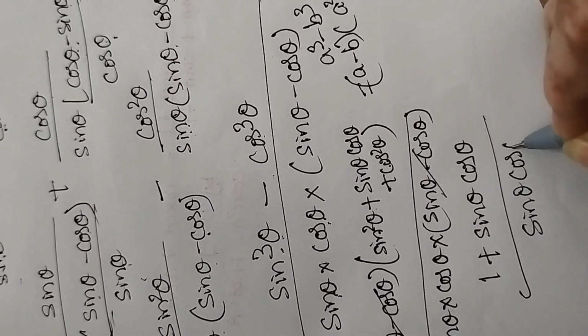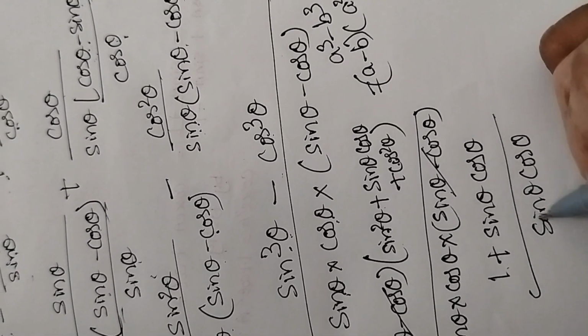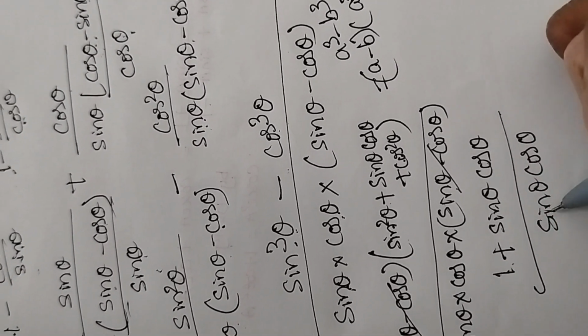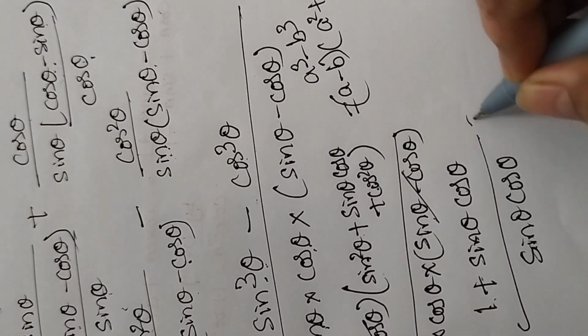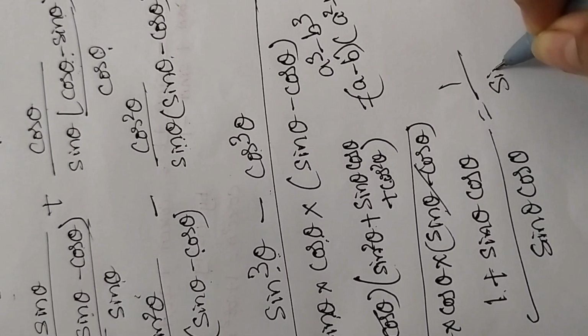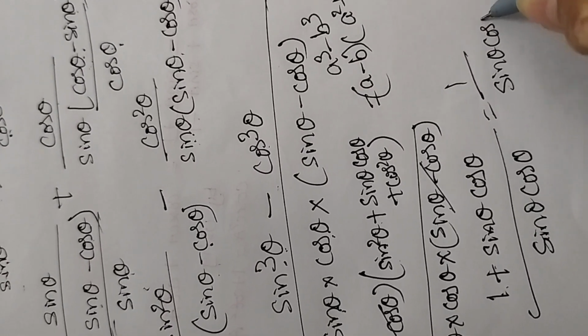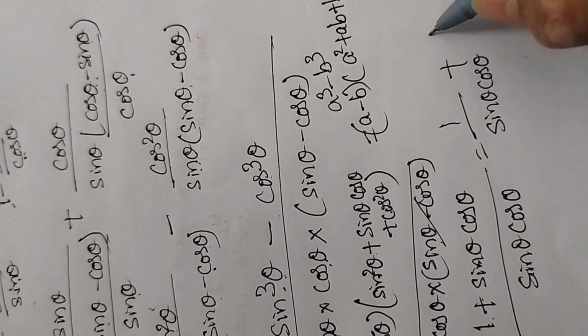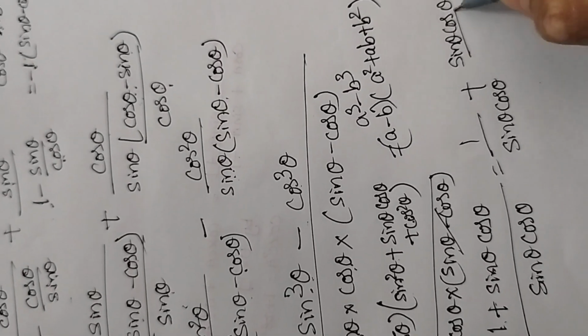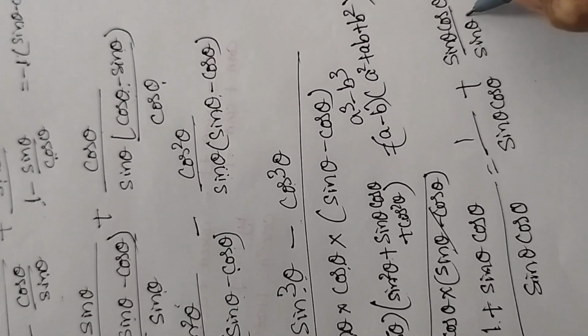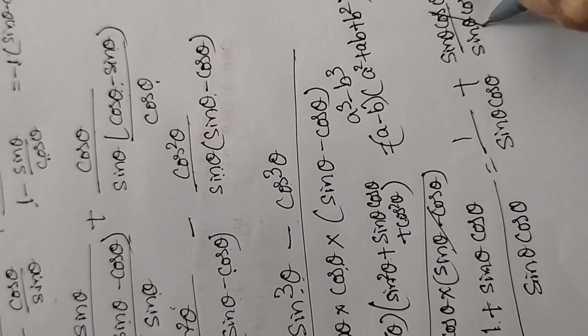So just I am writing the denominator separately to the numerator. So 1 by sin theta cos theta plus sin theta cos theta by sin theta cos theta. So these both will get cancelled. You will get 1 here.